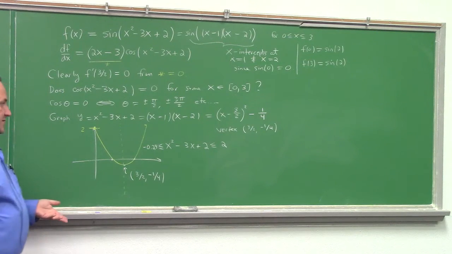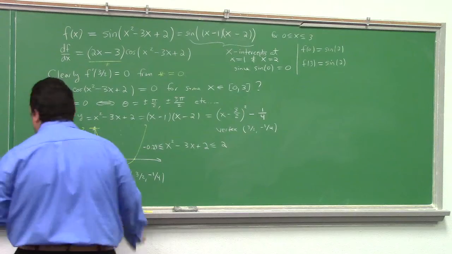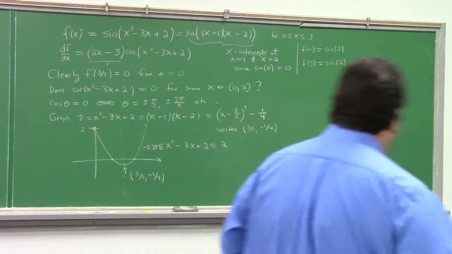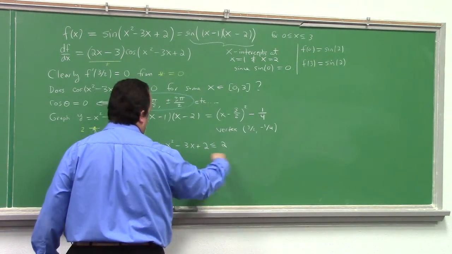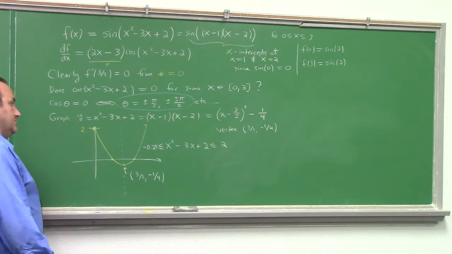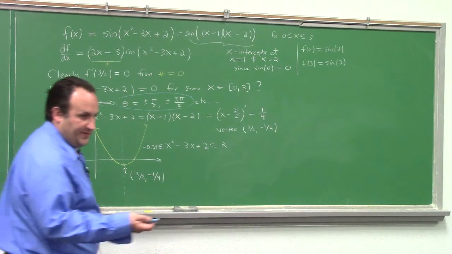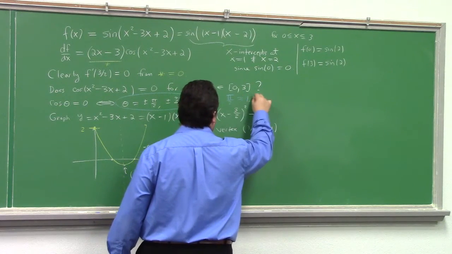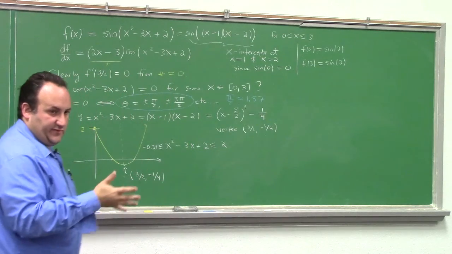So the question is, does that give me any places where the derivative is 0? Are any of these guys in here? What's pi over 2? It's about 1.57, right? So only that one is of interest.